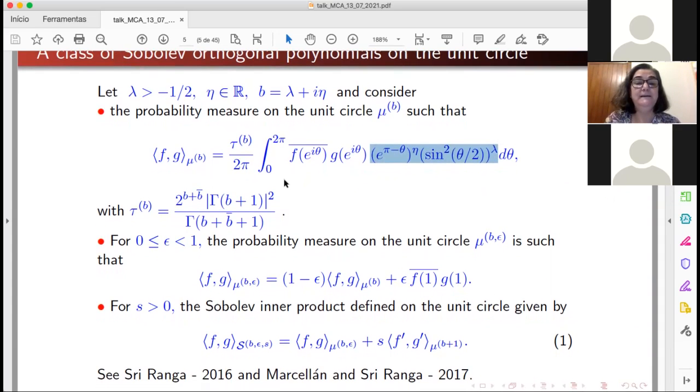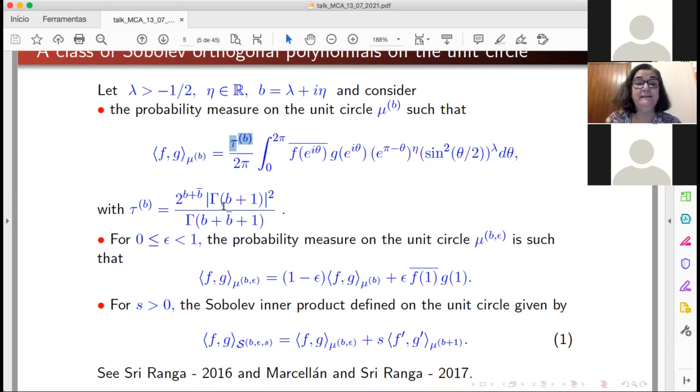Here we put this parameter, tau b, to make the measure a probability measure, okay? You see that it depends on lambda plus eta.